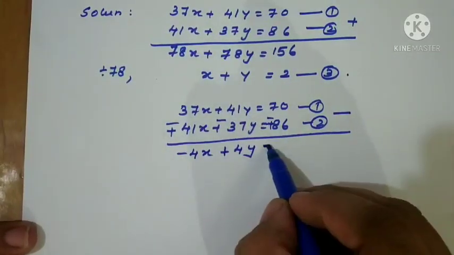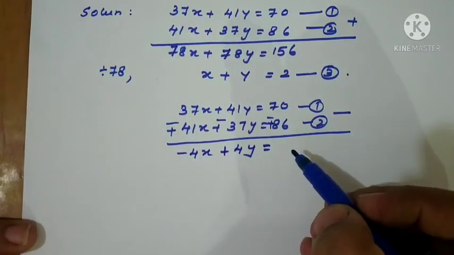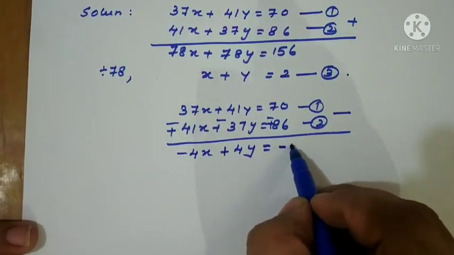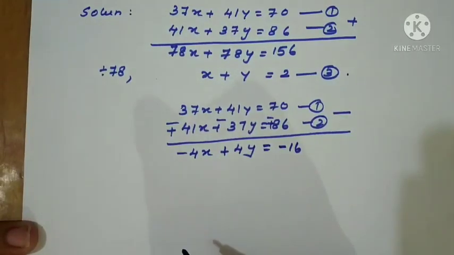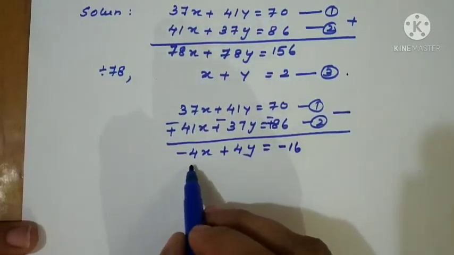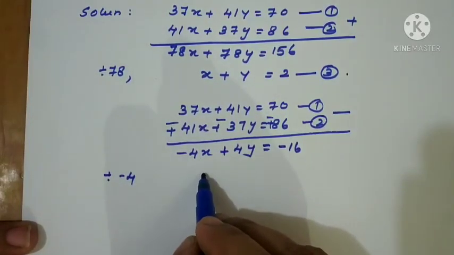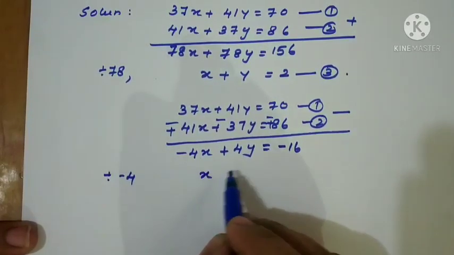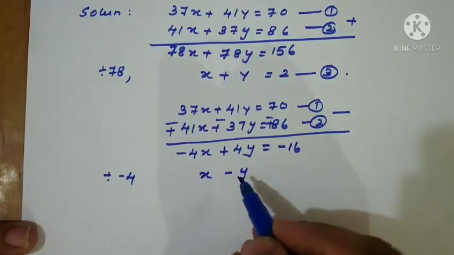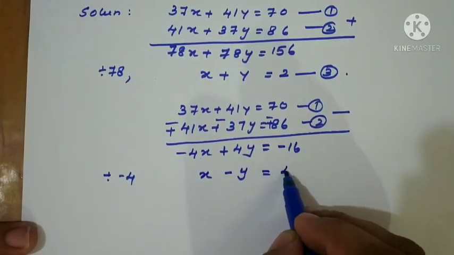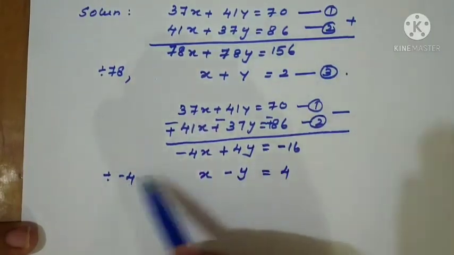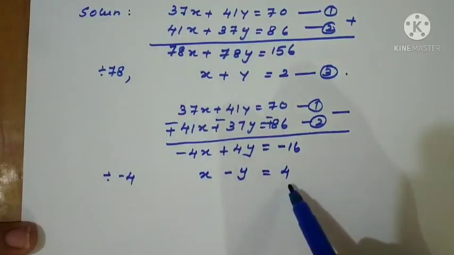Plus 41 is here, and 70 minus 86, so minus 16. So now I am dividing with minus 4 only. So dividing with minus 4, we get x minus y equal to 4. Minus 16 by minus 4, it is 4 only.